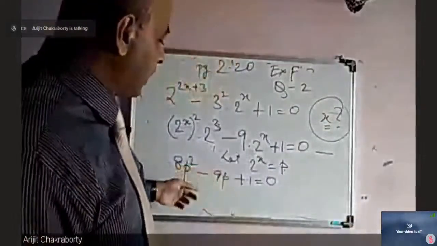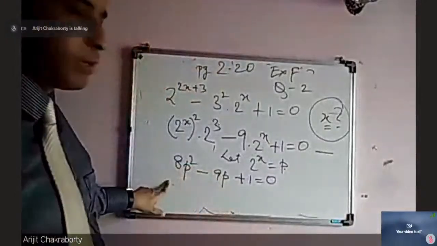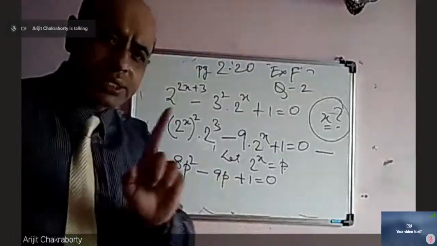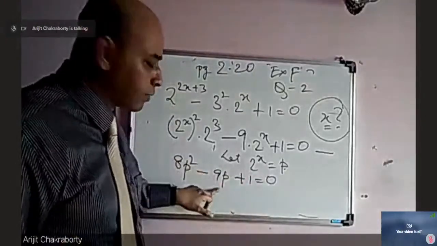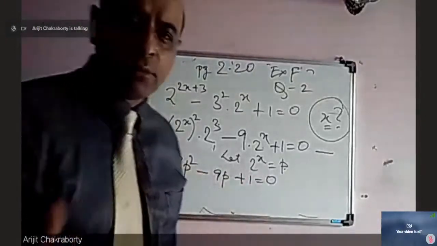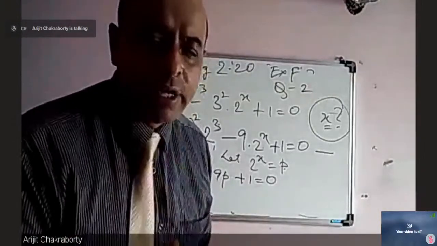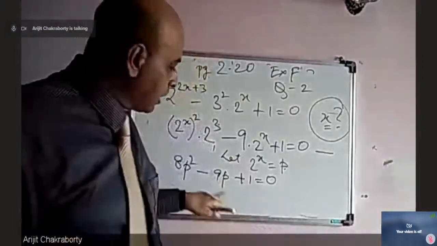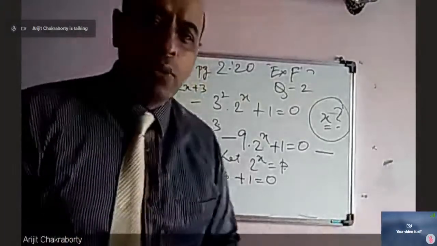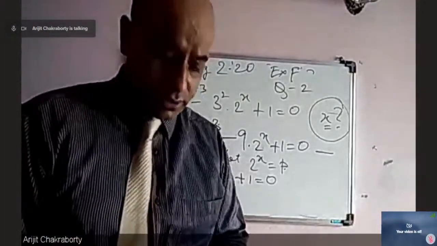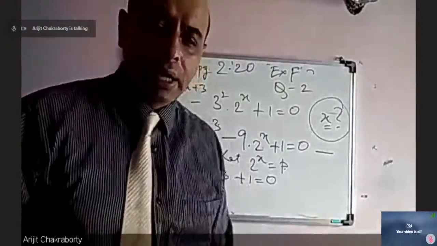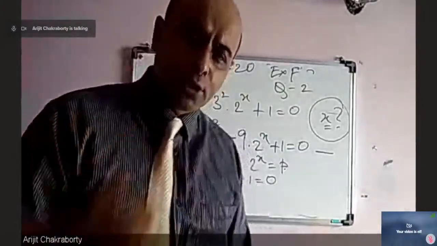Right. So there you see the equation becomes 8p square minus 9p plus 1 equal to 0. Standard form. So we will split. We remember the formula ax square plus bx plus c equal to 0. So we will split the middle term. Many of you were writing in the comments, sir, how to split the middle term. Last day on 4th of July we did a number of problems.